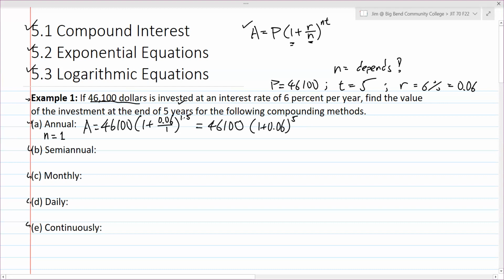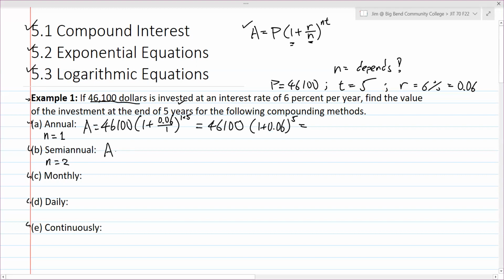So remember, this is not 1.5, this is 1 times 5. Maybe I should put down the multiplication sign. We'll calculate the final amount later. Let me show you the mechanism because that's more important.